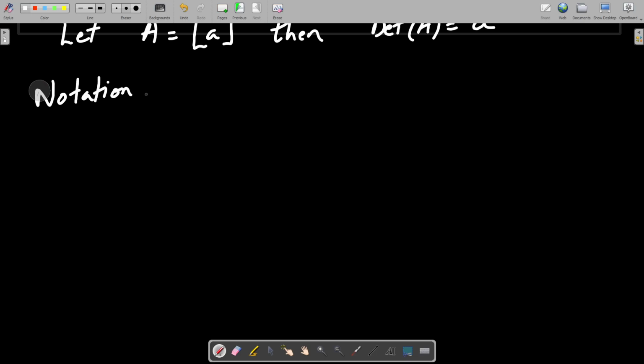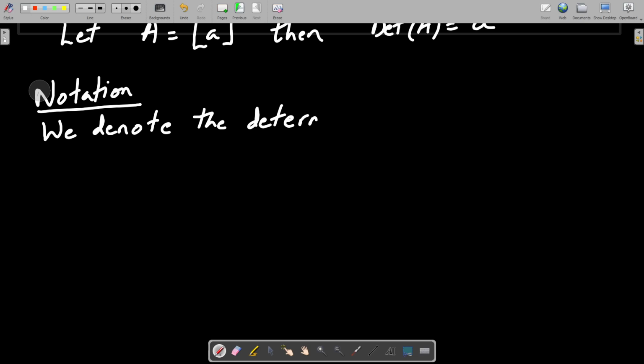So notation: we denote the determinant of A by determinant of A. You can write capital D also, no harm.